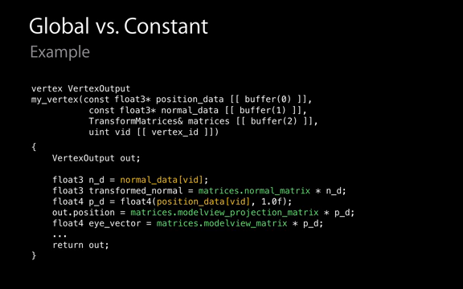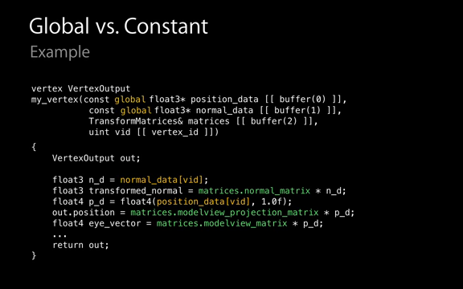Okay, so let's take an example. Here I have 4 arguments. I'm passing 3 buffers and my vertex ID. Let's look at the first data pattern. Look at normal data and position data. I'm accessing them using my vertex ID. So which address space should these belong in? Global.